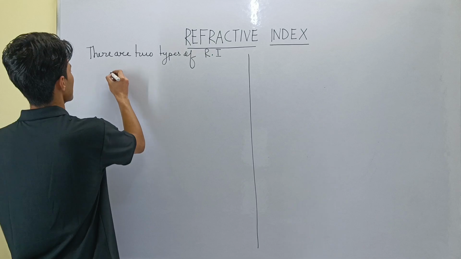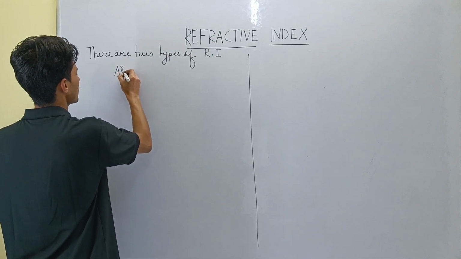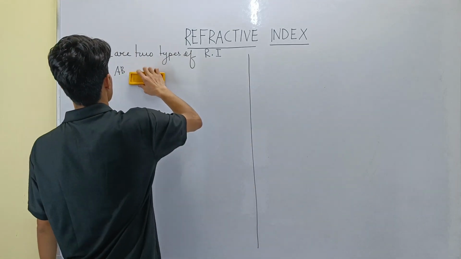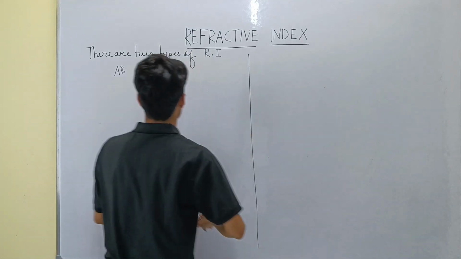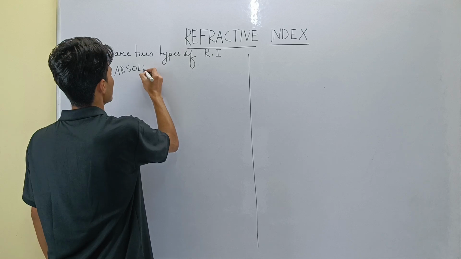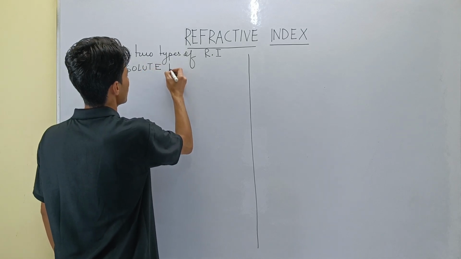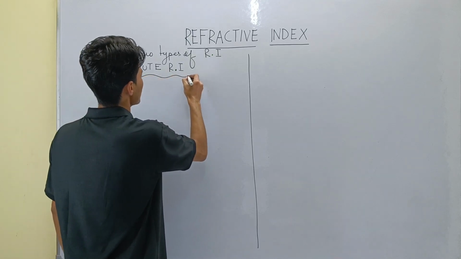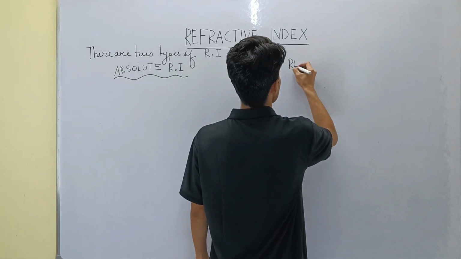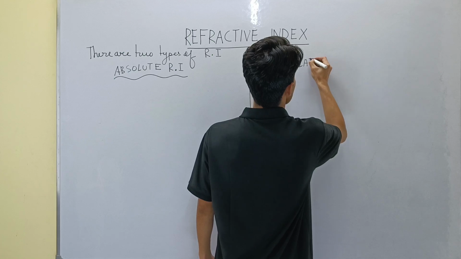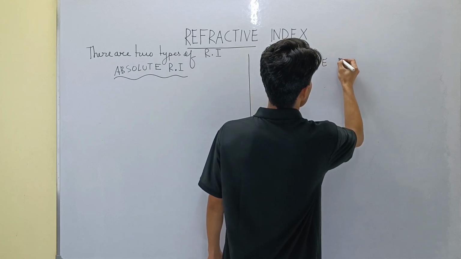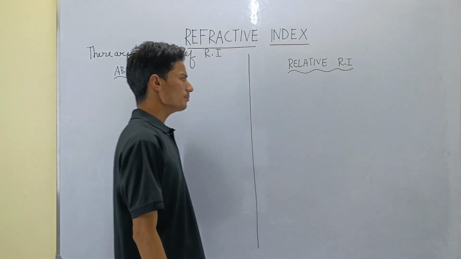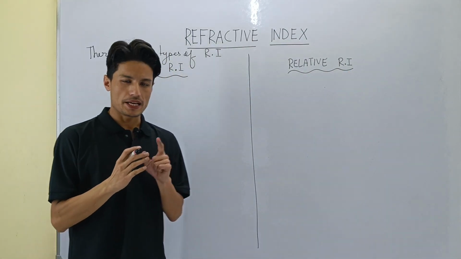The first one is called the absolute refractive index. And the second one is the relative refractive index.